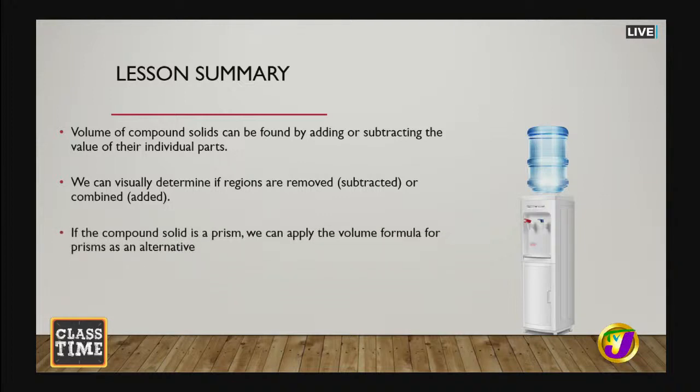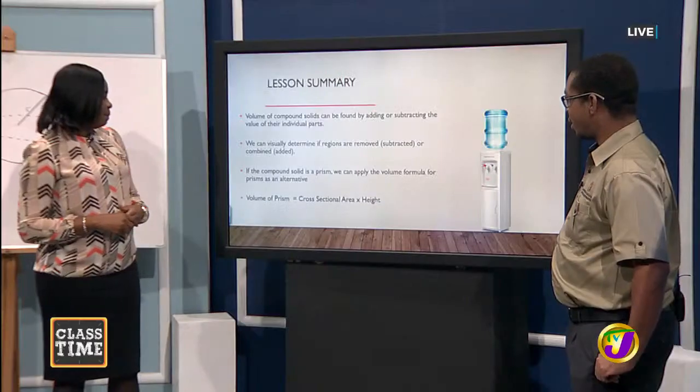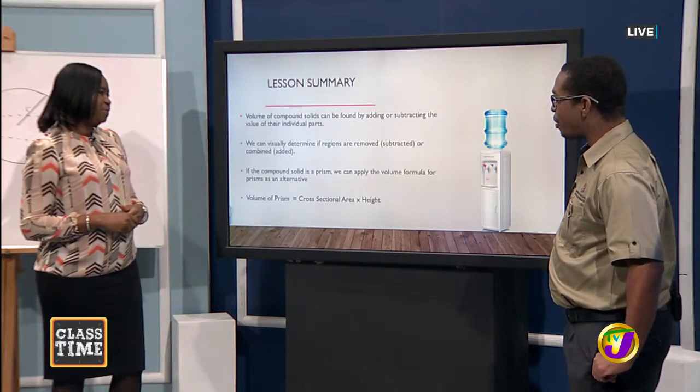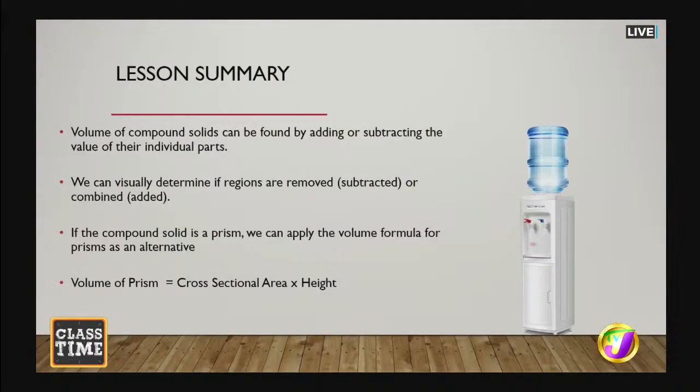If the compound solid is a prism, we can apply the volume formula for prisms as an alternative. And finally, the volume of a prism is the cross-sectional area multiplied by the height.